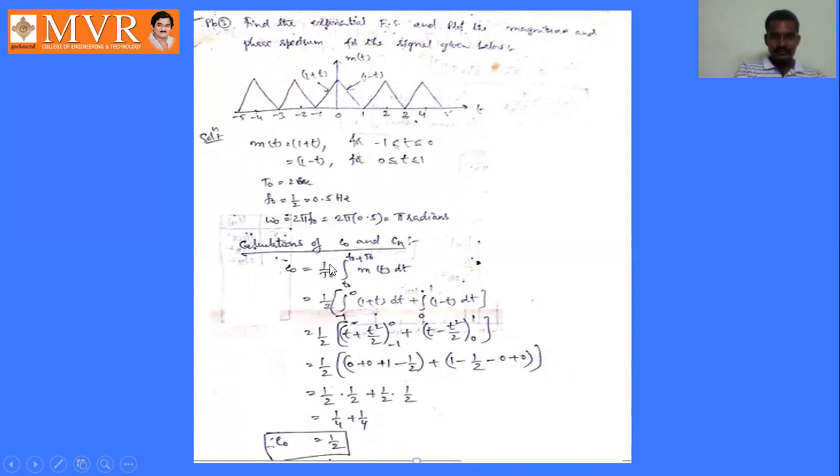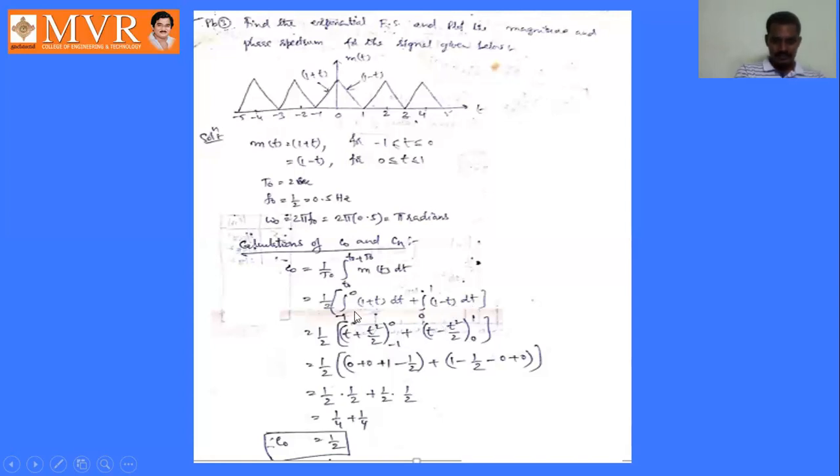So that's why we'll write 1 by T naught, that is 1 by 2, into minus 1 to 0, its value is 1 plus t, and from 0 to 1, its value is 1 minus t. So minus 1 to 0, 1 plus t dt, plus 0 to 1, 1 minus t dt. Expand this. Minus 1 to 0, 1 dt, plus minus 1 to 0 t dt. Similarly, 0 to 1, 1 dt, minus integral 0 to 1 t dt.